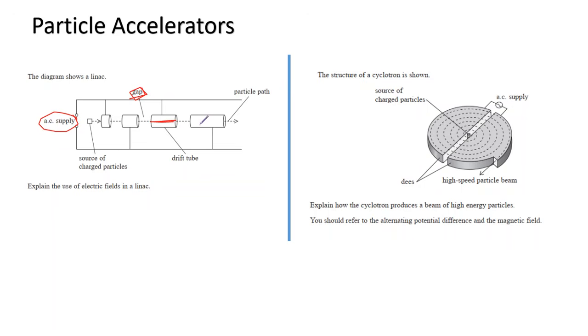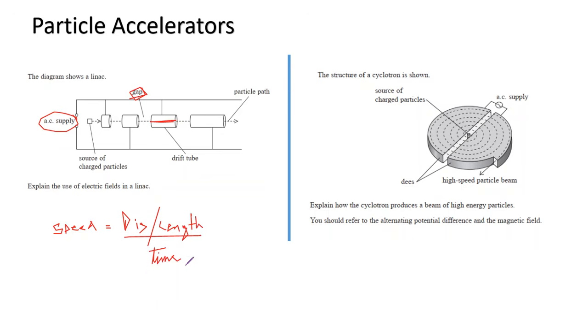So since the electrons travel with a constant speed, let's recall the equation for constant speed inside the tube, right? So speed equals distance. Distance is basically the length of the tubes by time.